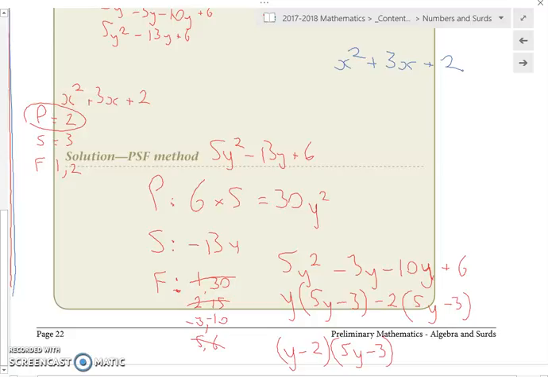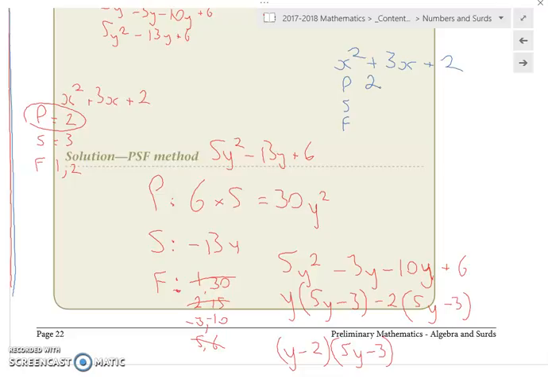See, this is where people who weren't here, you need to catch it up. It's a monic one, but I still use the PSF method, correct? So what does my product have to be? It just has to be 2, doesn't it? This is why I'm not putting the y squared in that, because I don't really care about the x squared in this particular case. Yes, it'd be 2 times the x squared gives you 2x squared, but I'm not really worried about that. I just want the numbers at the moment.